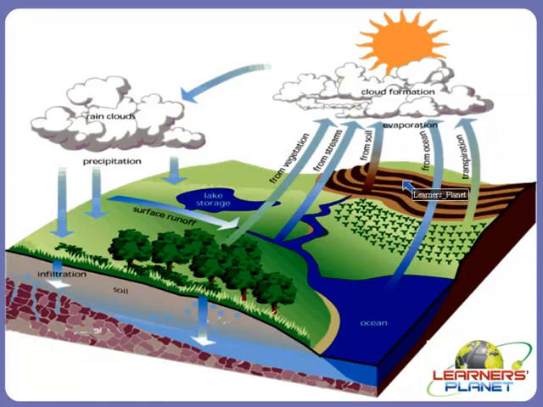Now a good way to think about evaporation is to consider how many puddles there are after a storm, especially on a hot day. When the sun comes out after a storm, many puddles disappear quickly, but it doesn't actually disappear. What happens? It just changes form from liquid to water vapor, which is not visible.